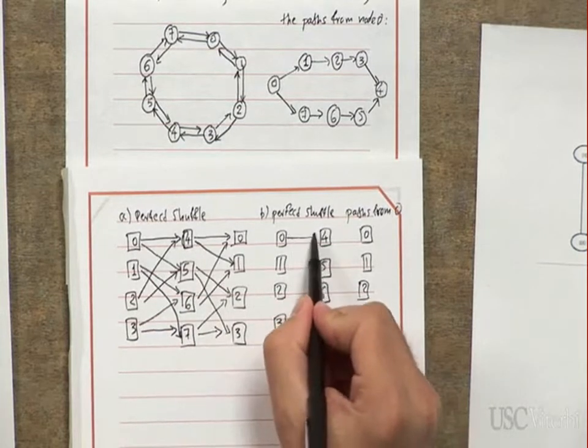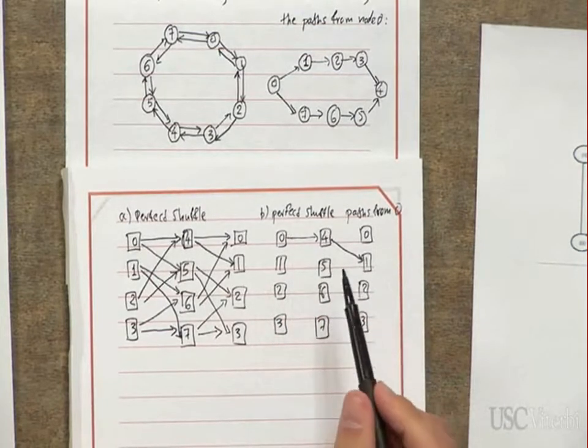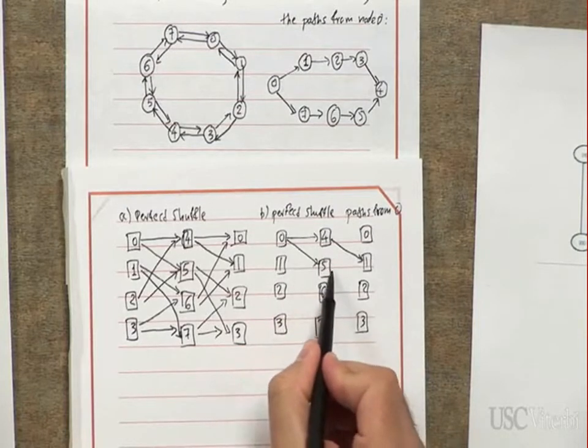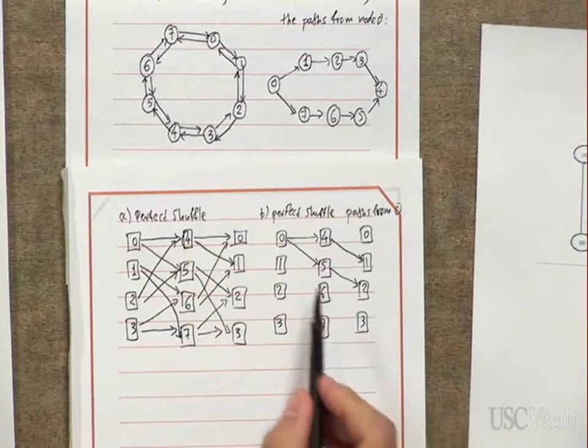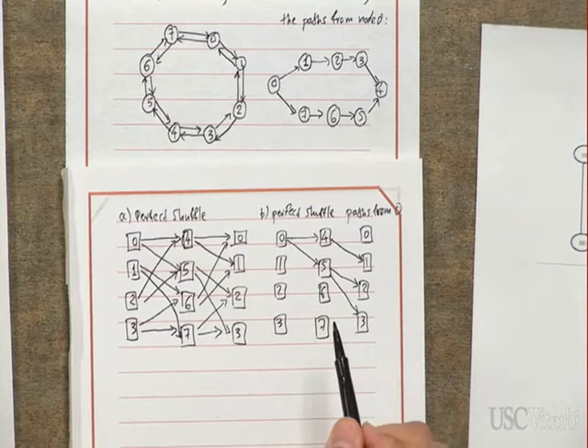Okay? 0, 2, 5. Then 0, 3, 5, 3, right? This one.